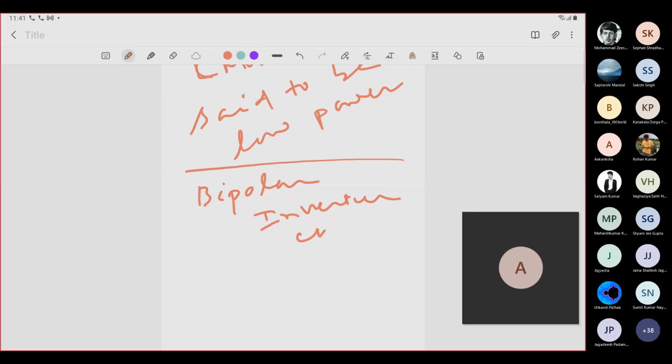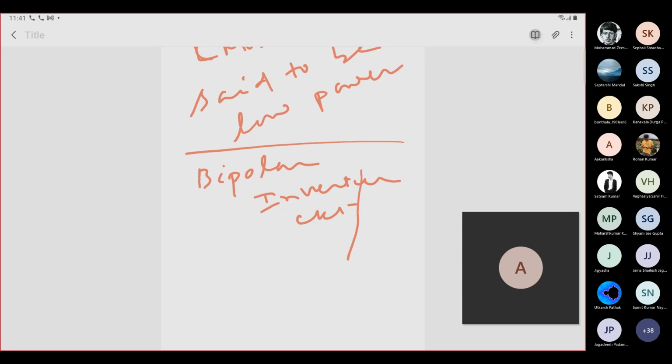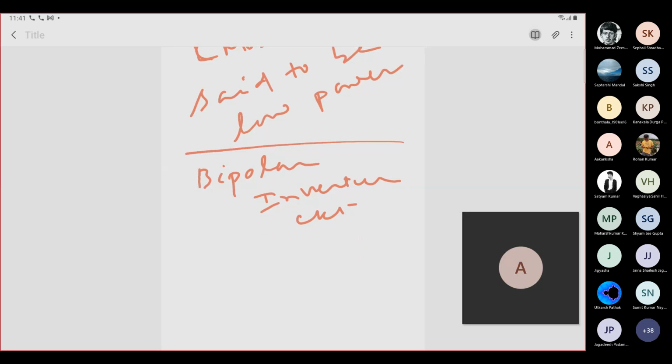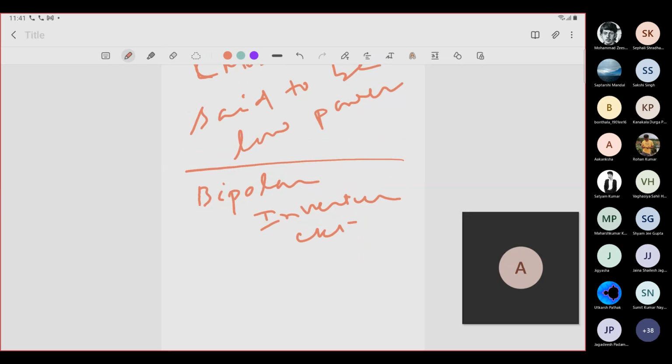You can take one of the topologies and discuss it at least, to understand the beauty of your CMOS circuit. That will be better.